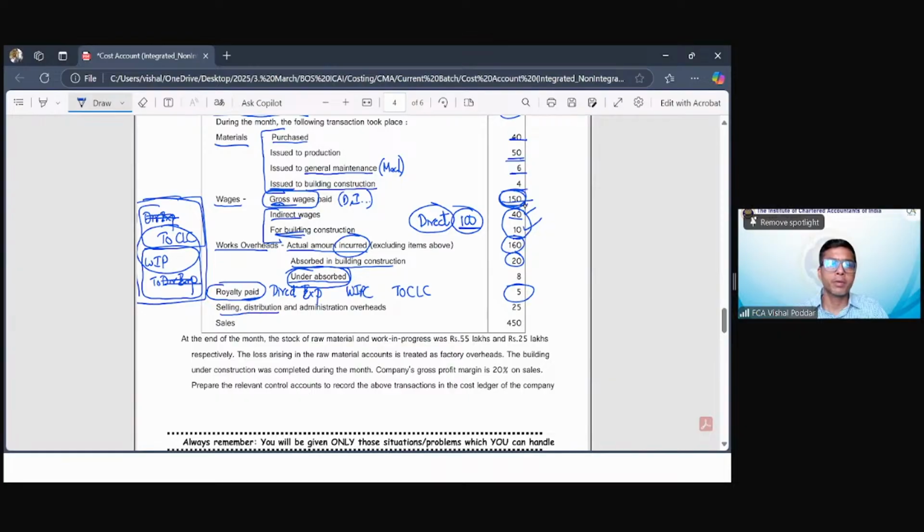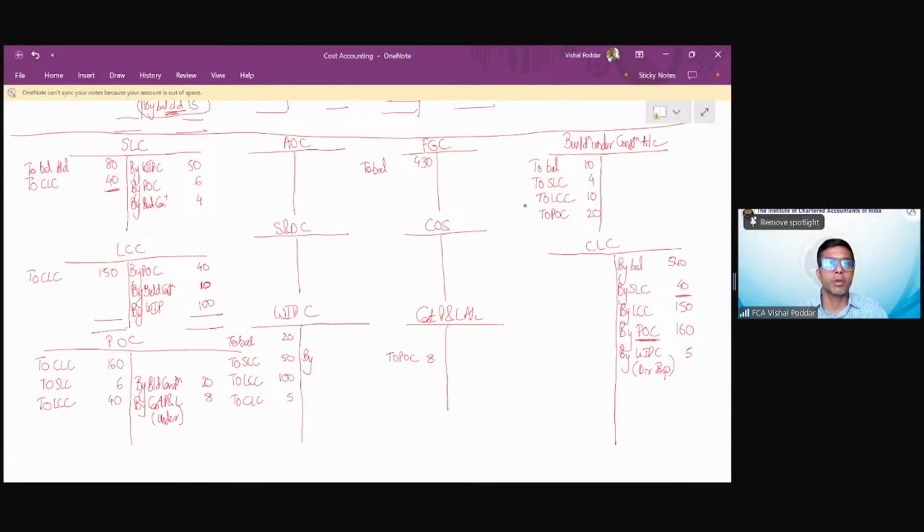Then again, here they have combined the selling and administration overheads. So I will also combine this: selling and administration overheads control account to CLC 25, and in CLC by selling and administration overheads control 25.